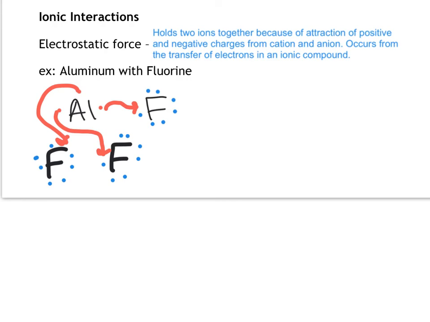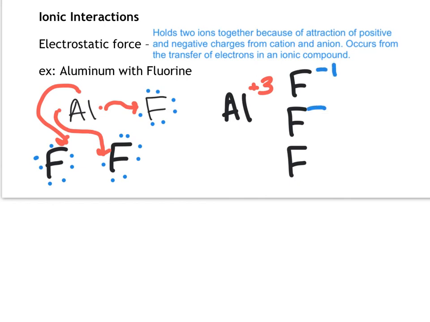So that means each one of my atoms here have now turned into ions because they've either gained or lost electrons. So I now have an aluminum with an overall charge of +3 because it lost 3 electrons, and I have 3 fluorines. Each fluorine has gained an electron, so it has a charge of -1 for each one.